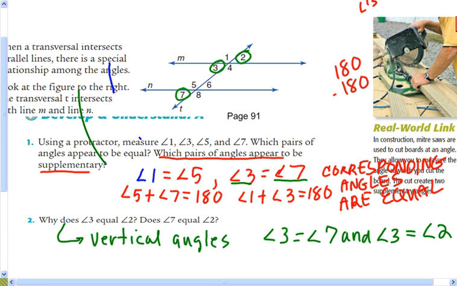And so if angle 3 is equal to angle 7 and angle 3 is equal to angle 2, then that means angle 7 is equal to angle 2. And the property I just used to do that is called the transitive property. If A is equal to B and B is equal to C, then A is equal to C.